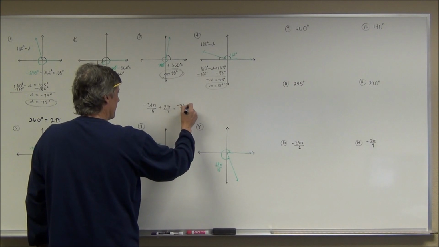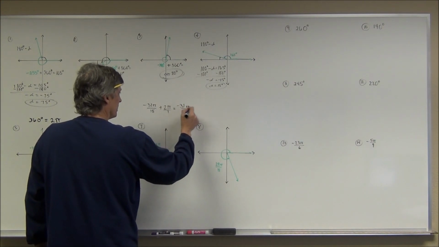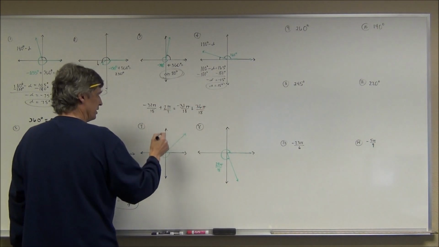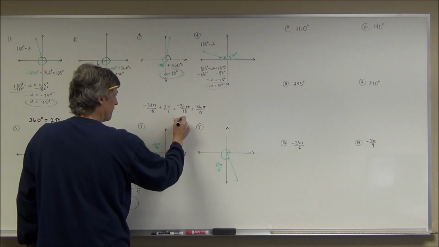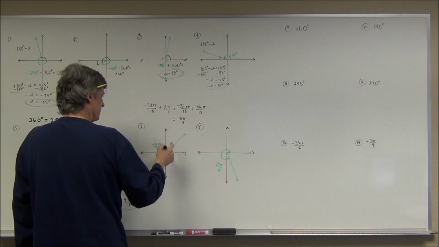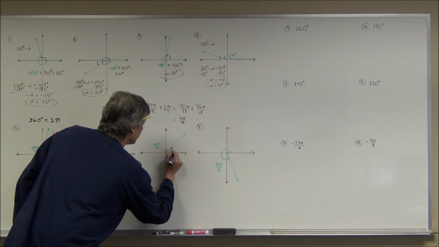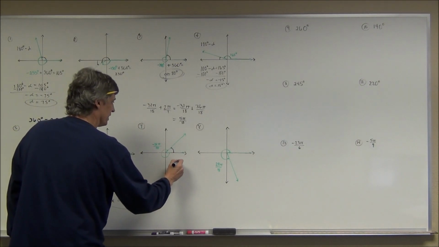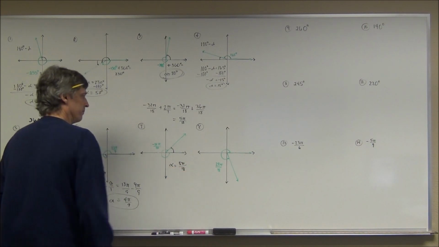Negative 31 pi over 18 plus 36 pi over 18. I multiply top and bottom by 18, I add the numerators, that's 5 pi over 18. And notice it's in the first quadrant. Not only is that the angle that I get when I add 2 pi to that, that's my reference angle. My reference angle is 5 pi over 18.